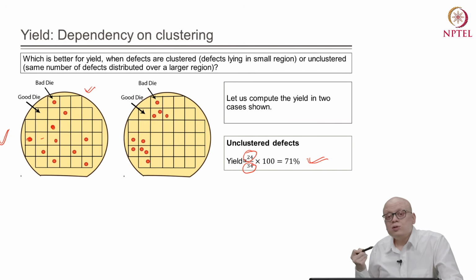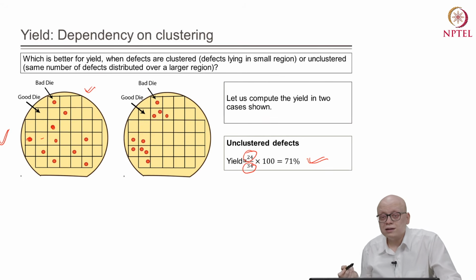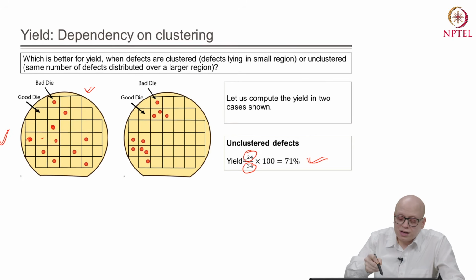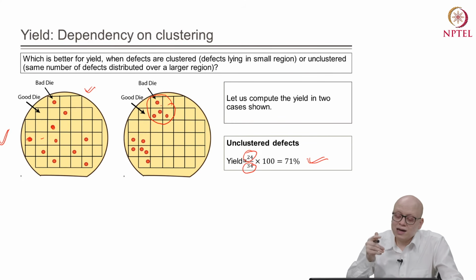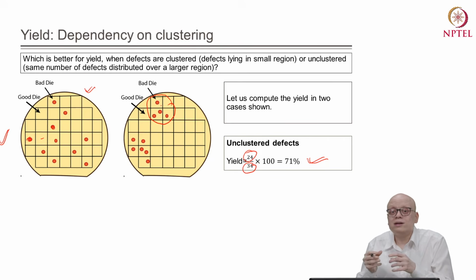Now, let us look into another fabrication process in which we had the same number of red dots, meaning the same number of defects, but those defects are clustered. So, defects are lying in a smaller region.